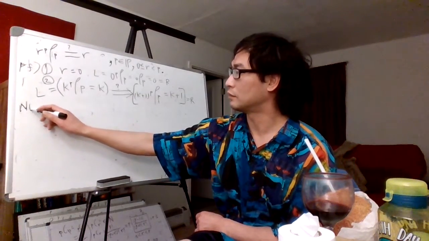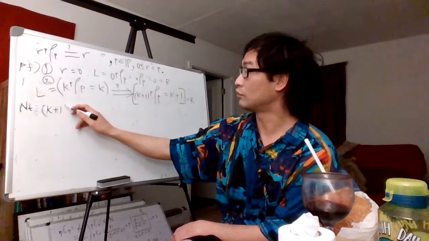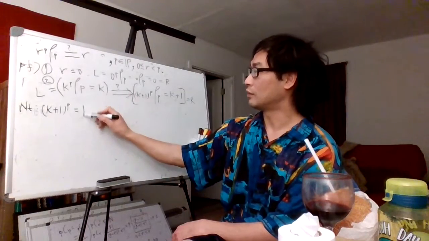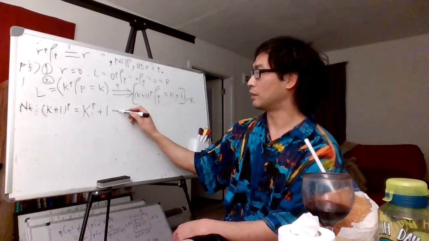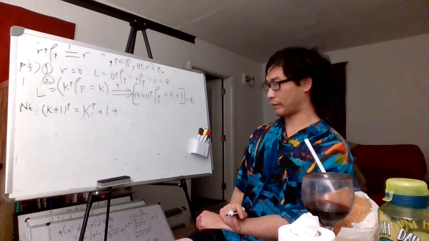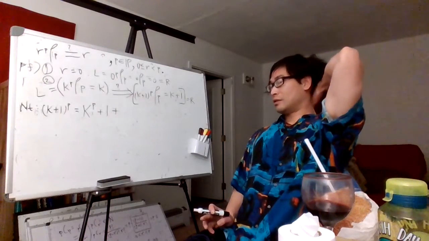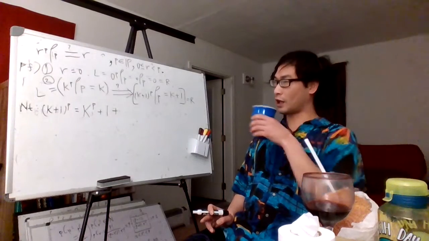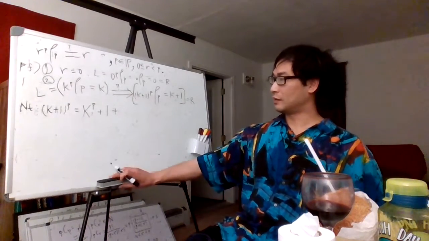Note that, observe, k plus 1 to the pth, by the binomial expansion, is k to the pth plus 1 to the pth plus the binomial coefficient terms. Let's rewrite this.